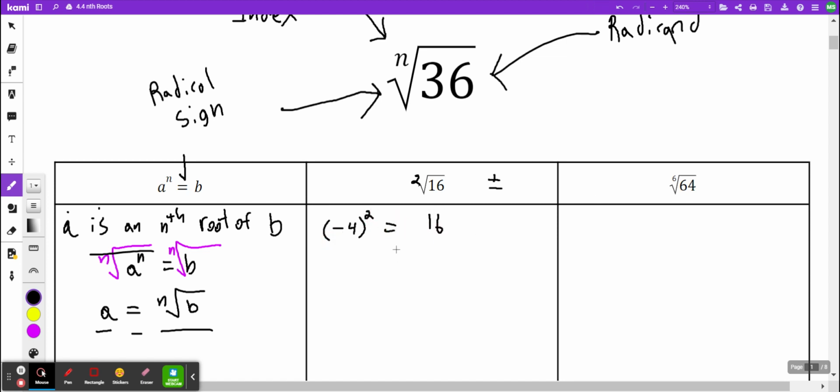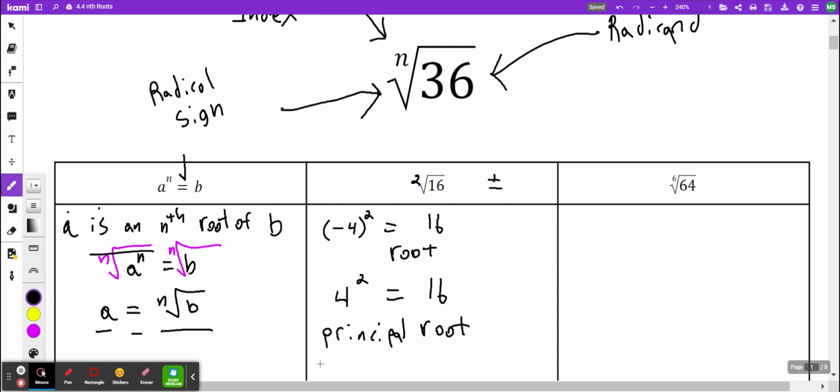This is one of my roots right here. But we call this positive 4 squared, which would equal 16, our principal root.